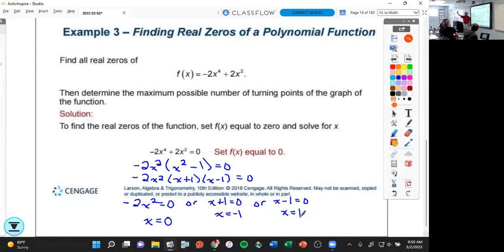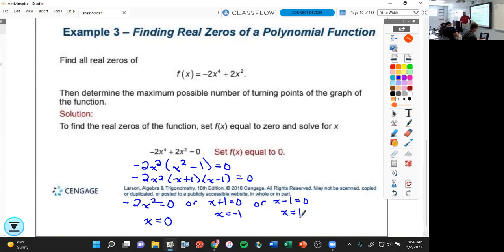And this one does have 4 solutions. The solutions are 0 and 0 and negative 1 and 1. But we don't say the 0 twice. It's not a plus or minus. This is called a double 0, or a 0 with a multiplicity of 2.